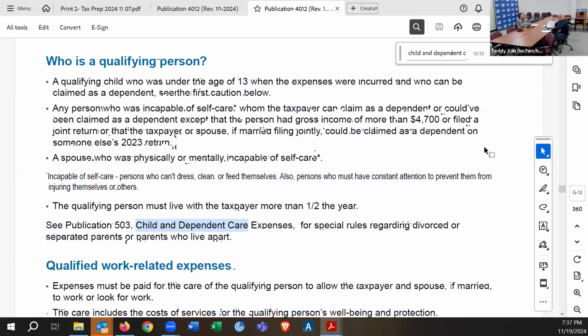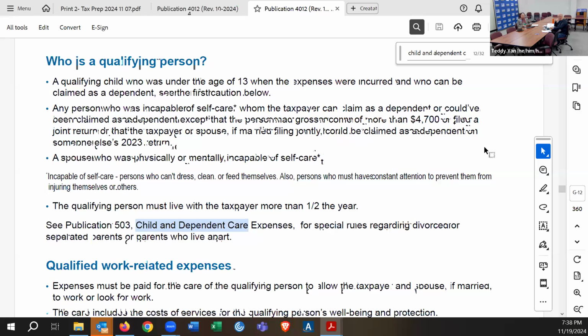Danny needs to amend his 2022 return if he managed to successfully claim child and dependent care expenses, because Daria was not qualified that year either. Daria is not a qualifying person for child and dependent care because she's too old at this point.